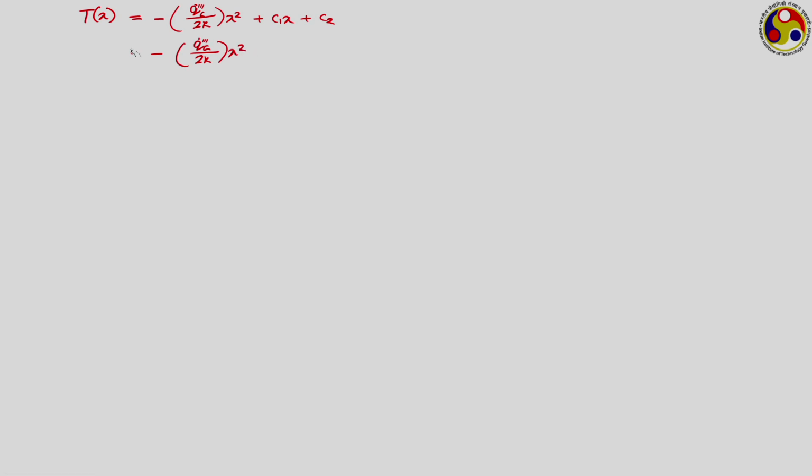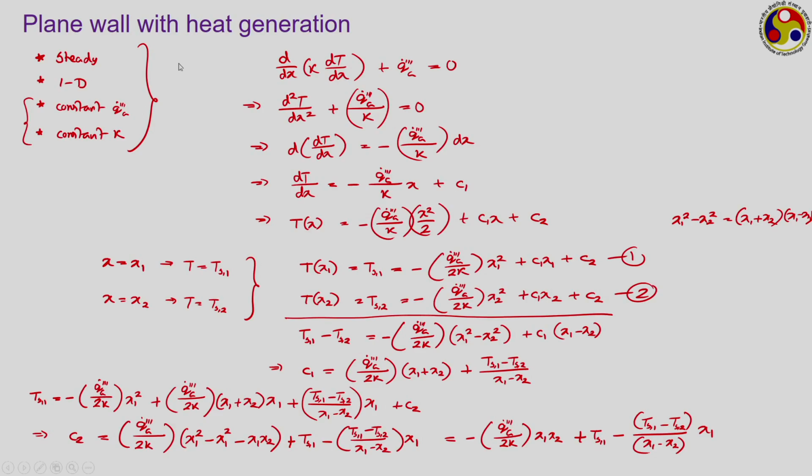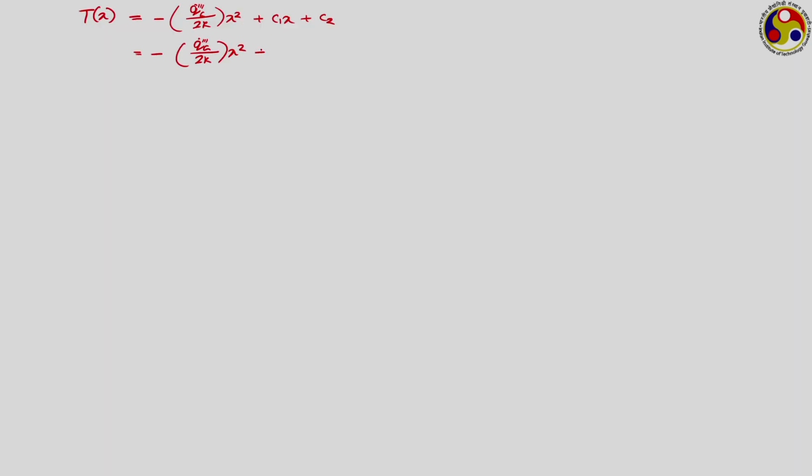So, we have to now put the expressions for C 1 and C 2 which we have developed recently. So, the expression for C 1 we are putting first. So, here I am having q 0 triple prime upon twice k into x 1 plus x 2 into x plus T s 1 minus T s 2 upon x 1 minus x 2 into x.